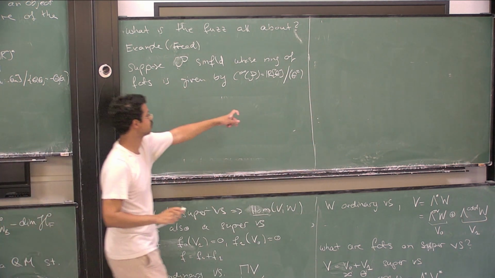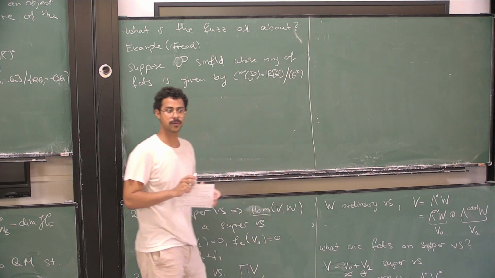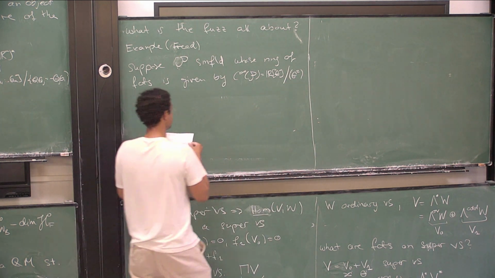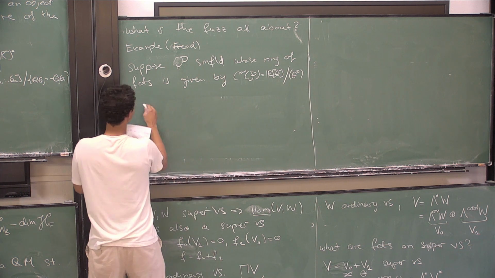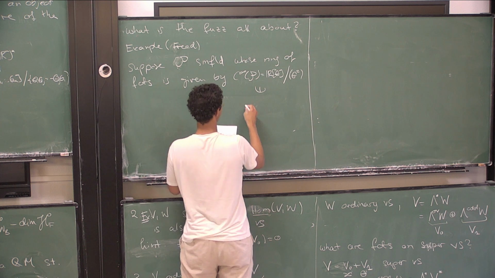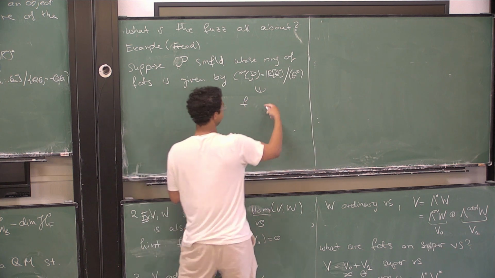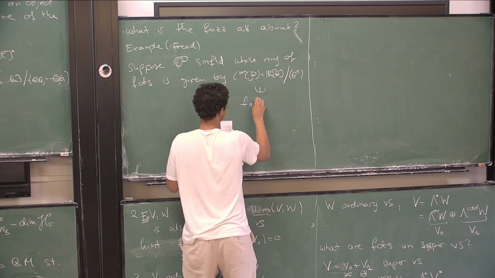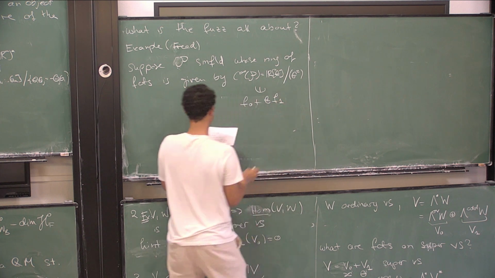This basically just means that theta squares to 0. Good. So an object in here would look how? Well, it's kind of defined by just this object.